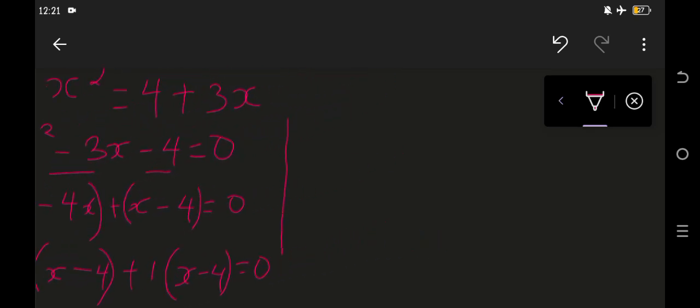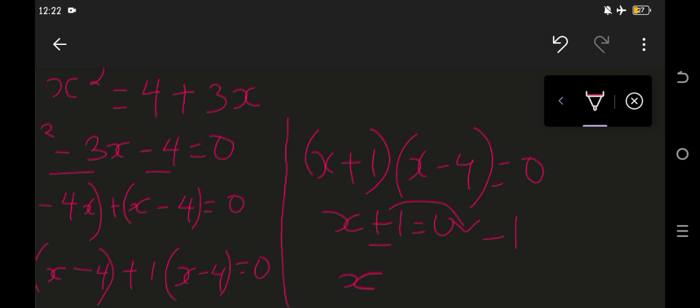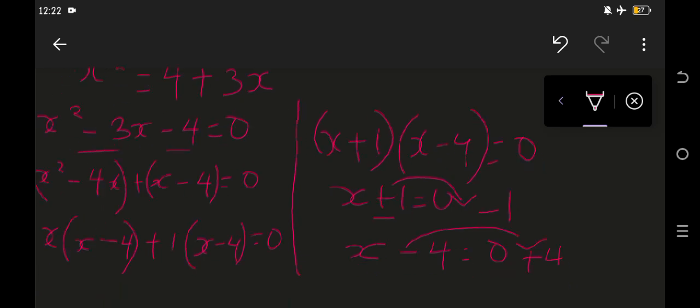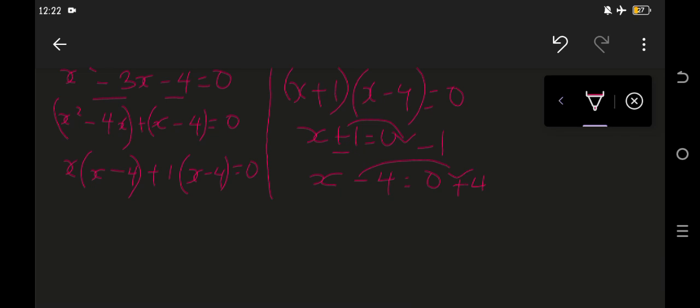This means that if you take x plus 1 and x minus 4, this is going to be 0. So x plus 1 is equal to 0. This means that x is going to be -1. And if x minus 4 is equal to 0, then x is going to be +4. So the number x is either -1 or 4.